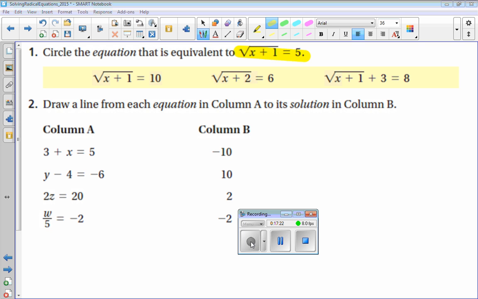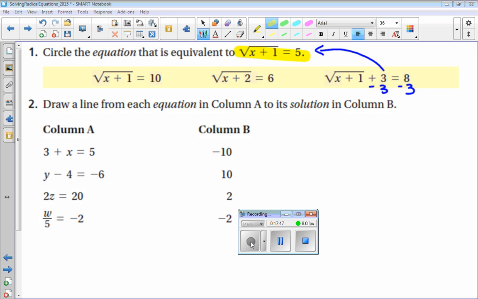Which one of those 3 happens to be an equivalent equation? The first one, the second one, or the third one? It's actually the third one, because if I subtract 3 from both sides here, don't I end up with what I started with?